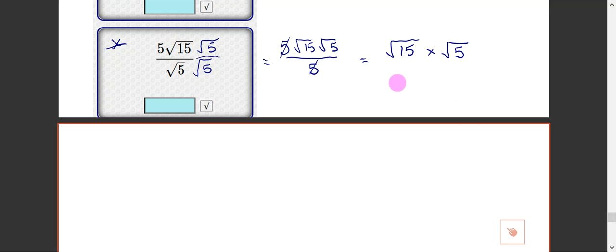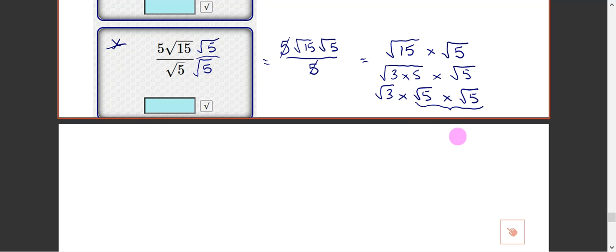Can I simplify? Well, first off, if I can get another root 5, well, what about saying this is root 3 times root 5? Now, that's slightly different because neither of them are square numbers, but I have spotted, look, that if it's root 3 times root 5 times another root 5, what does this become? That's 5. Okay? So the whole thing ends up being 5 root 3.